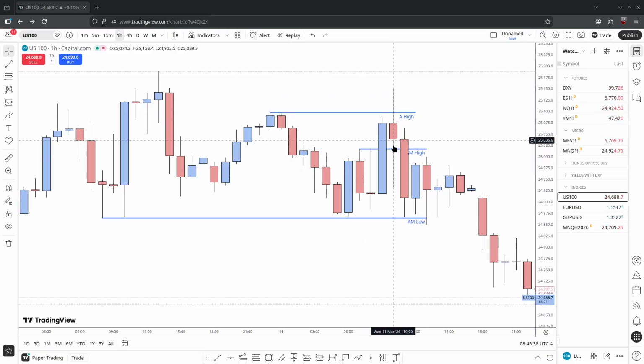So then I had to wait for 10 to close. Okay, we closed bearish, which prompted me, in the next candle, to go in, and I was able to hunt for short entries.